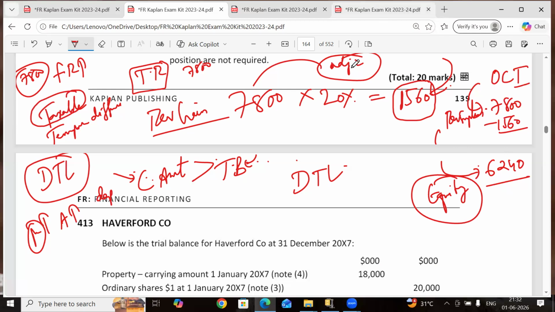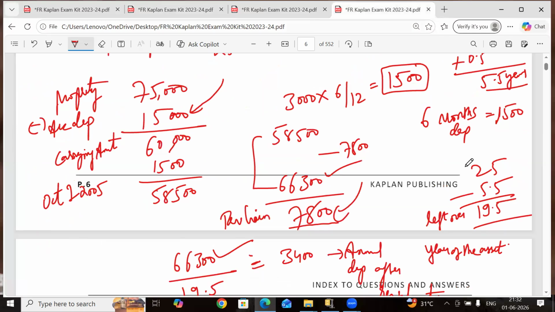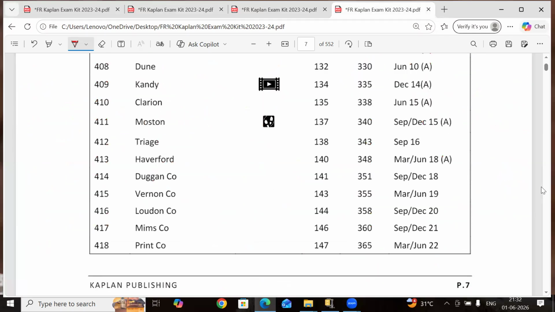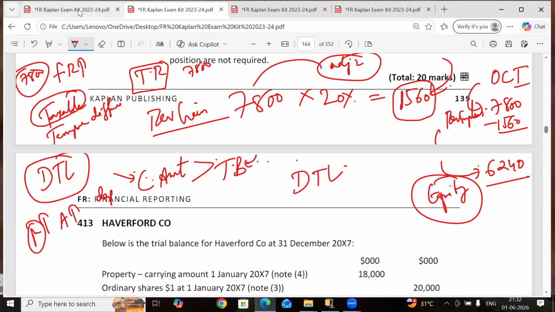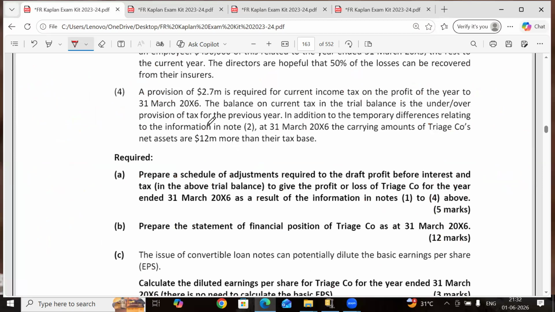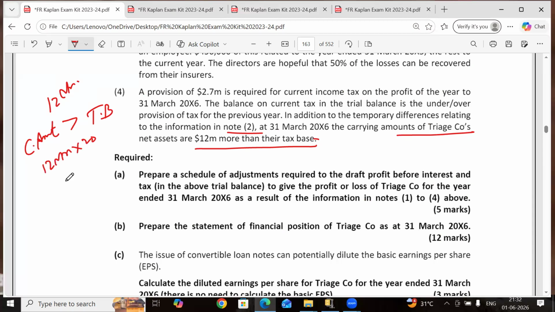6,240. Now what we are discussing is, apart from note 2, the carrying amounts of Triage company's net assets are 12 million more than their tax base. So carrying amount more than tax base by 12 million creates a taxable temporary difference. So 12 million into 20%, 2,400.